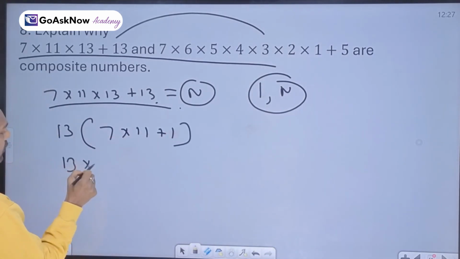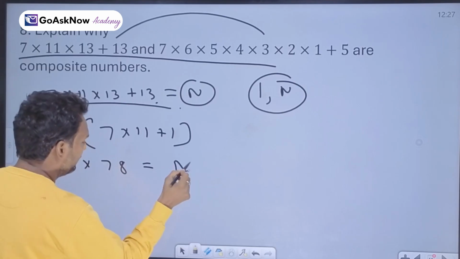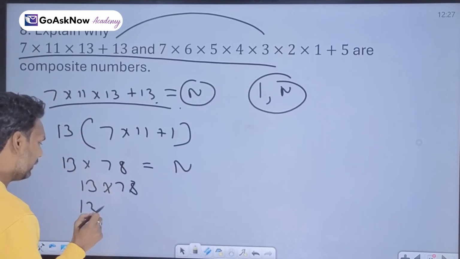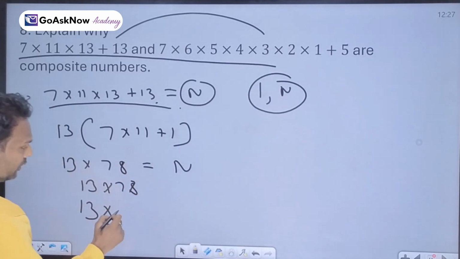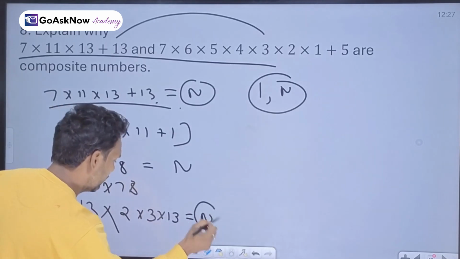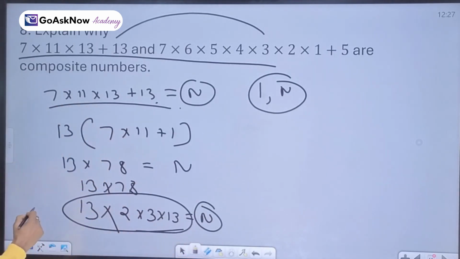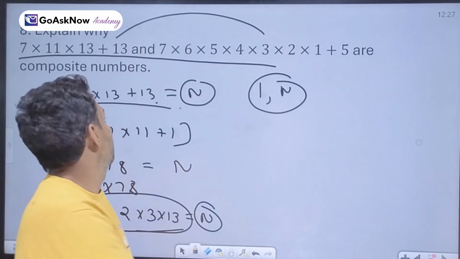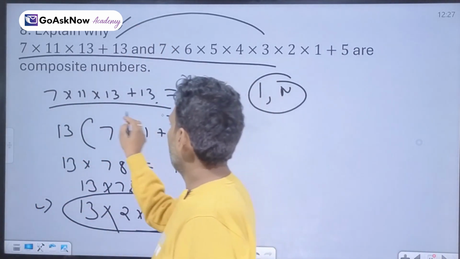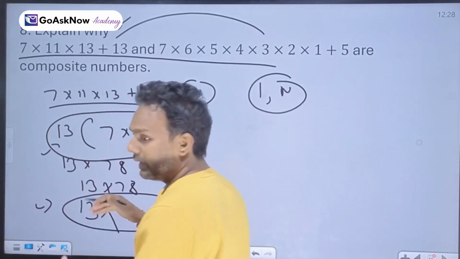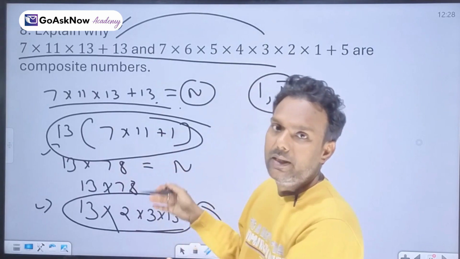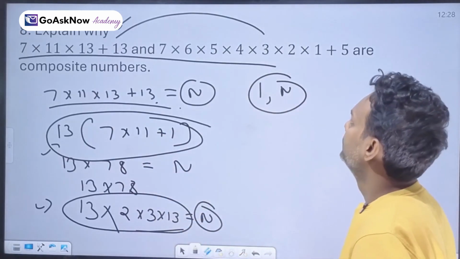So 13 into 78 is equal to n. 78 has further factors, 2 into 39, that is 3 into 13. So these are the factors of this number. Therefore, it is composite. We can just stop after this step, since other than 1 and n, 13 is also a factor of this number. Therefore, this is a composite number.